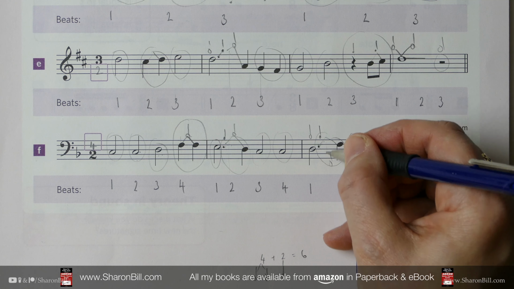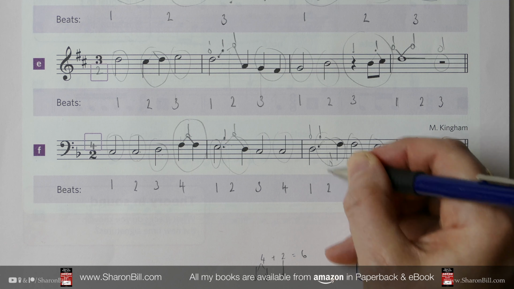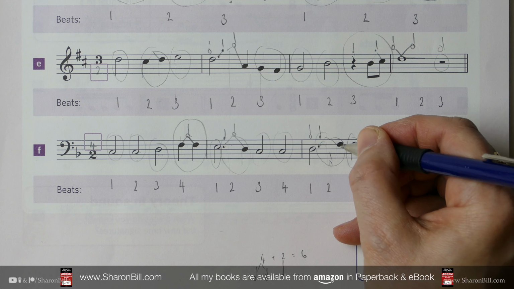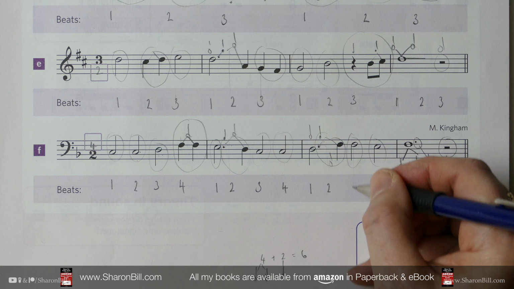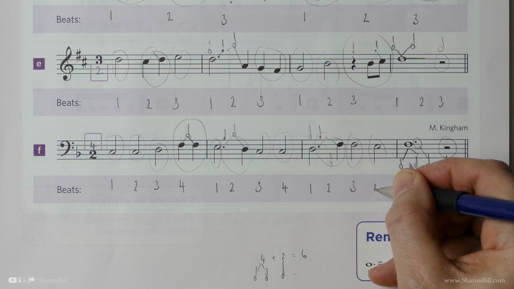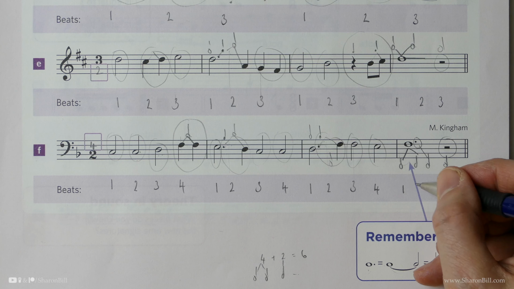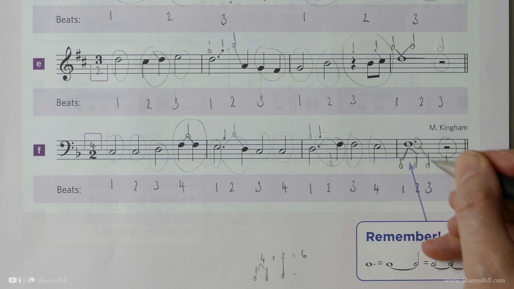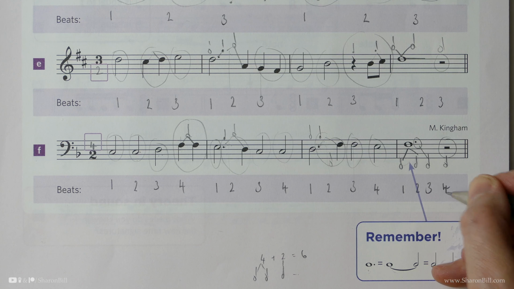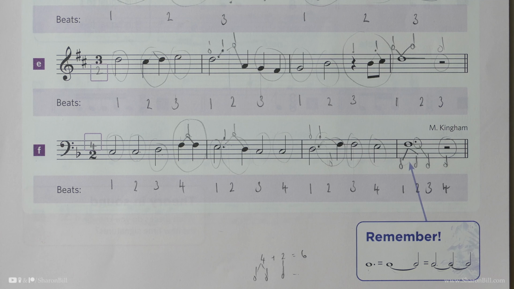Beat 2 falls here as the note's holding into beat 2. There's the second half of beat 2. There's beat 3, there's beat 4, and then here's beats 1, 2 and 3 with the dot, and then beat 4 is a rest. So that's exercise 4 completed.